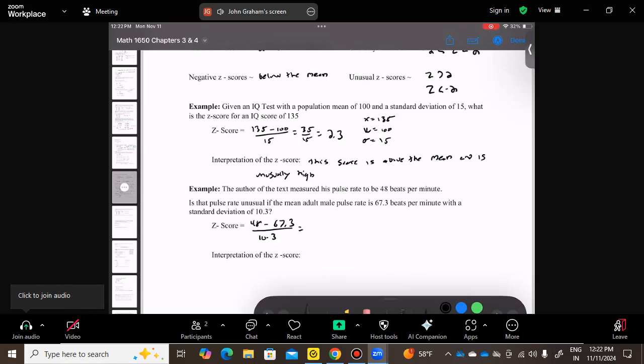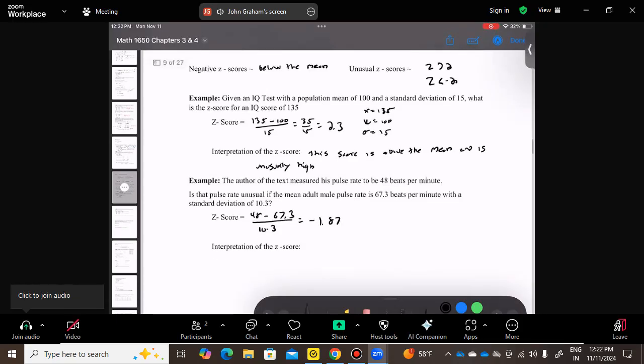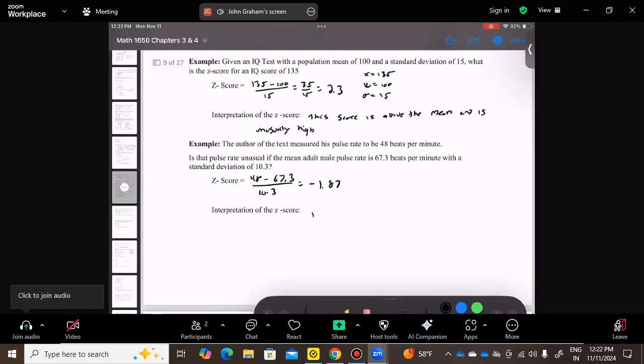This comes out to be a negative 1.87. So this value is below the average, below the mean, but is not unusual. It's just low. Doesn't mean it's too low to be unusual.